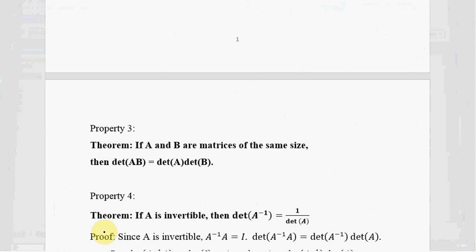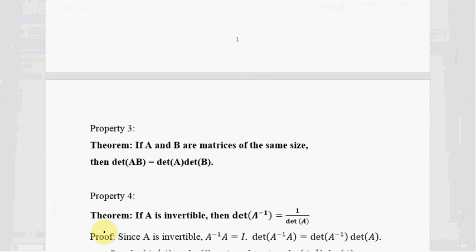Property number 3: if A and B are matrices of the same size, then the determinant of A times B is equal to the determinant of A times the determinant of B. I won't waste your time on the proof of this. It's quite extensive. You can look it up if you want, but this is indeed a true statement and is valid for all situations of matrices of the same size.